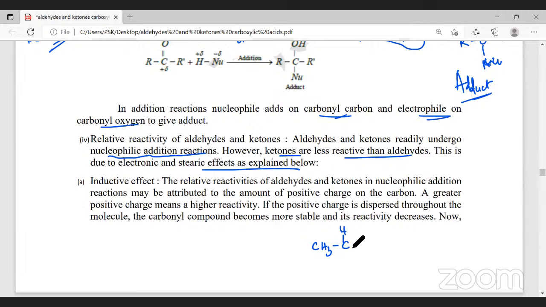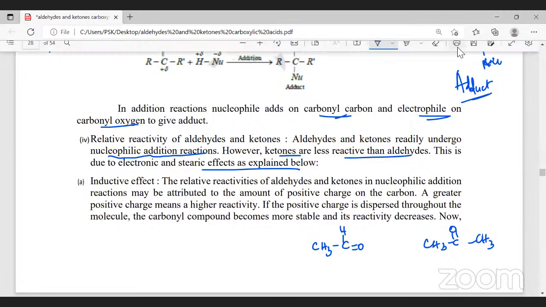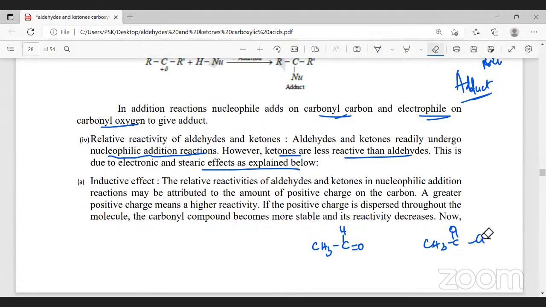If you take an aldehyde like this, and if you take a ketone like this, acetone, now you can see this CH3 group. The CH3 group can be written like this: instead of writing CH3, I can write it as C, H, H, and H. Here also I write C, H, H, and H. Now since these hydrogen atoms are there, it becomes difficult for the electrophile to attack oxygen and the nucleophile to attack carbon.